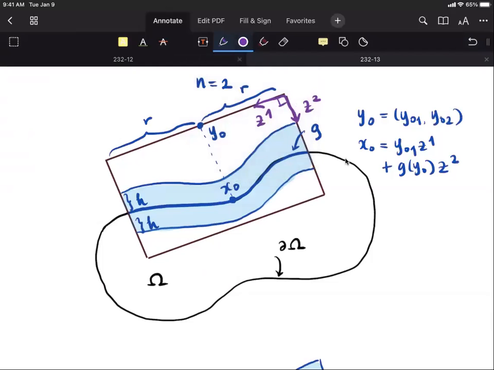And that would be this vector. Okay. So here you rotate, of course, your coordinate axis.